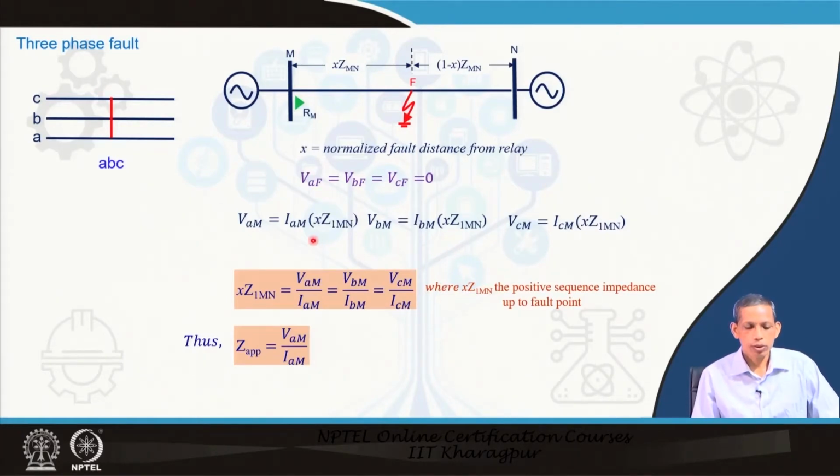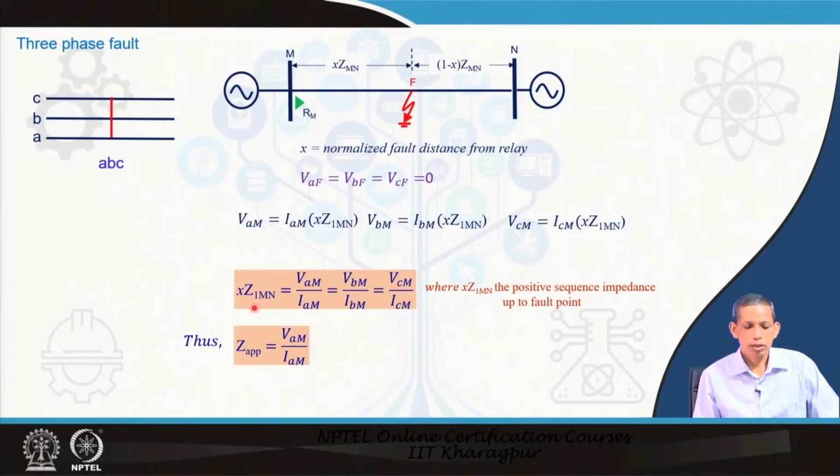Therefore, the positive sequence impedance x Z1 MN can be obtained from any one of these three relations: VAM divided by IAM, or VBM divided by IBM, or VCM divided by ICM. Note that the impedance here is a positive sequence impedance, because for a 3-phase fault only the positive sequence network remains.